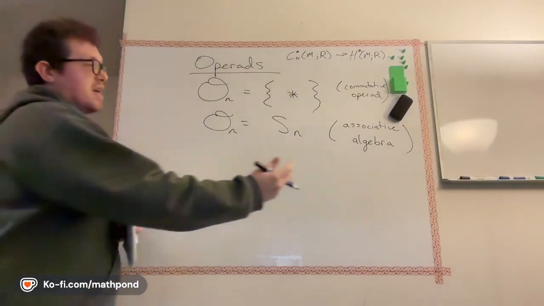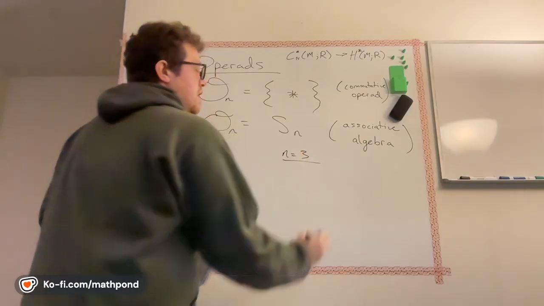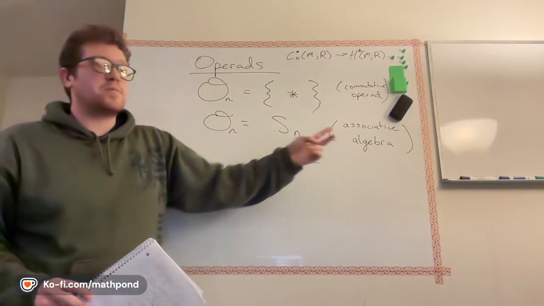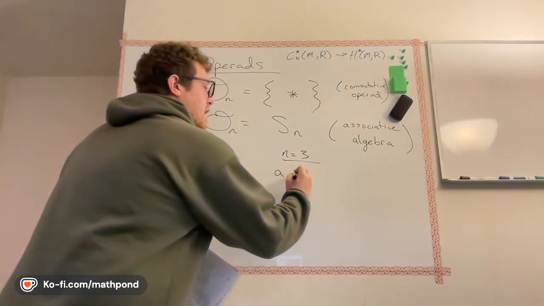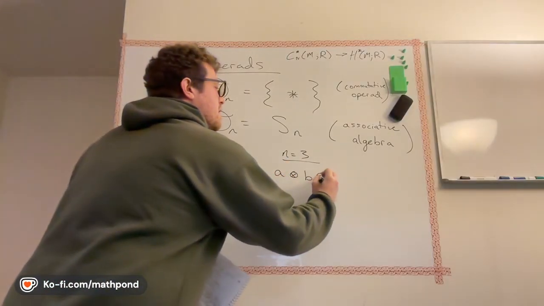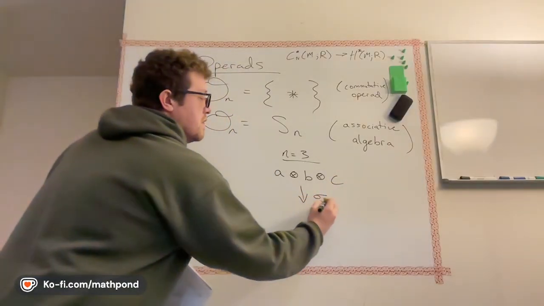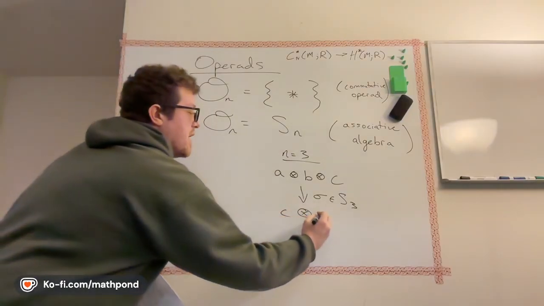So if we're talking about n equals 3, there's basically 6 different ways I can multiply in an associative algebra when you give me 3 elements. If I have 3 elements, A tensor B tensor C, I can apply some permutation of them in S3. Maybe I switch the order to backwards.